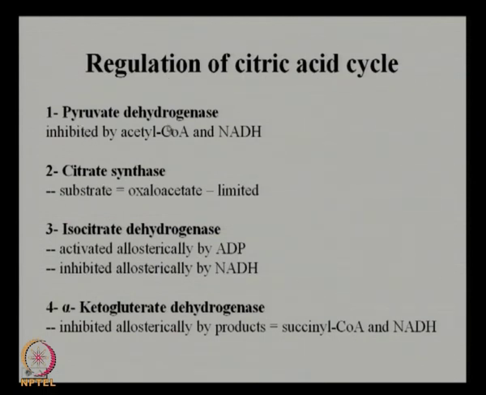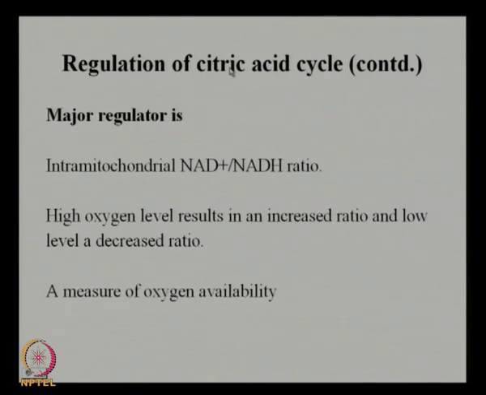Now, as I have already mentioned, there is regulation of the citric acid cycle. Pyruvate dehydrogenase, citrate synthase, isocitrate dehydrogenase and alpha ketoglutarate dehydrogenase are the enzymes playing a significant role in the regulation of the citric acid cycle.